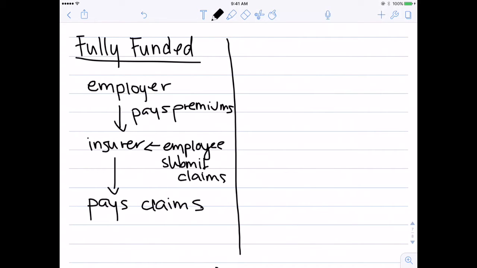They're not obviously going to pay claims for things that they didn't intend to insure.